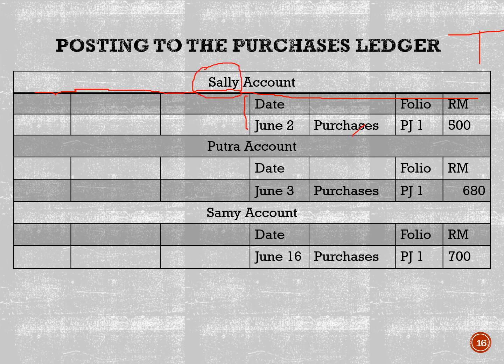Okay, kalau untuk purchase ledger dalam this topic, kita akan letak nama orang tersebut. Macam this one. Dalam purchase ledger, kita akan buka nama Sally, Putra, Semi, and then the item is purchase. So, apa PJ ni? This one is purchase journal. So nanti kita nak refer, kita akan tengok dekat purchase journal.